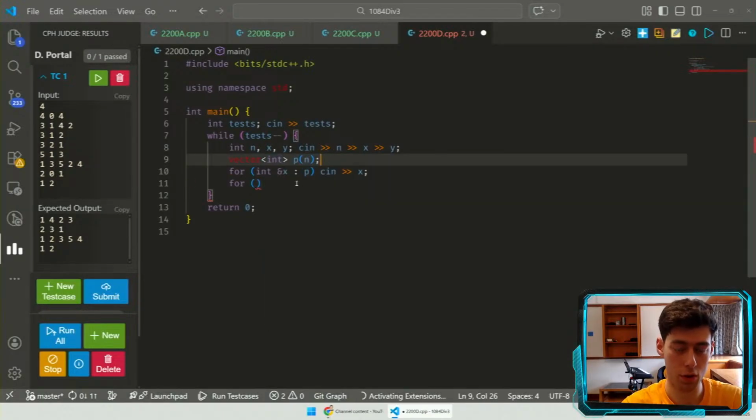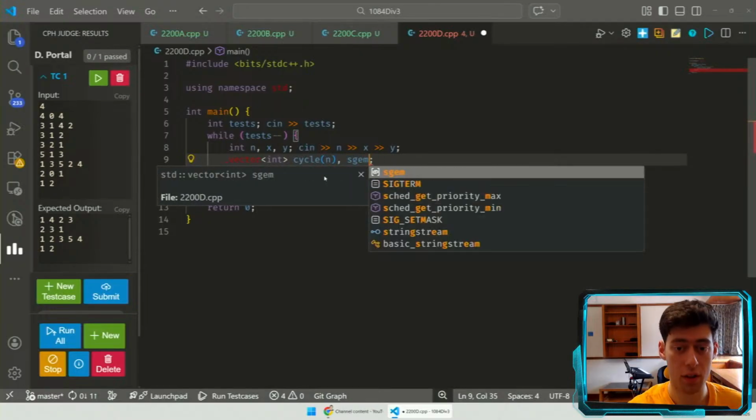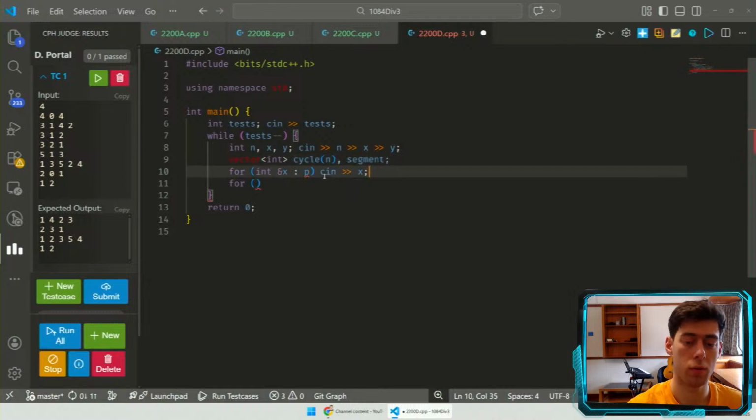So I could have already split this up into cycle. I don't even need P. I need cycle, and then I need to put cycle and segment, basically, and I have to choose a split point in the segment.